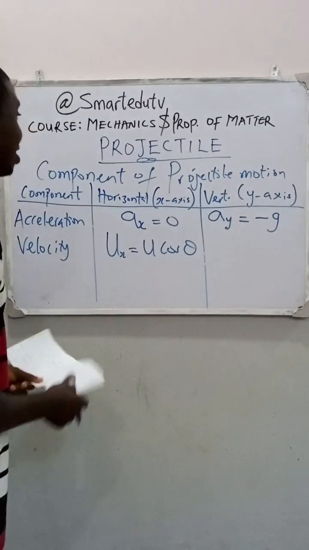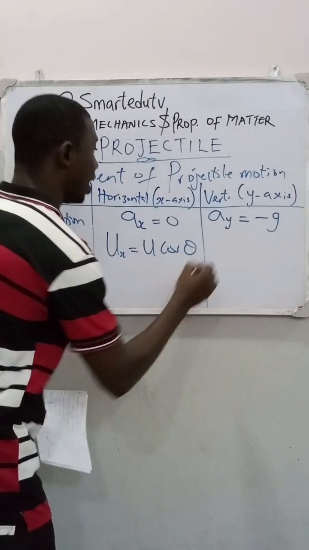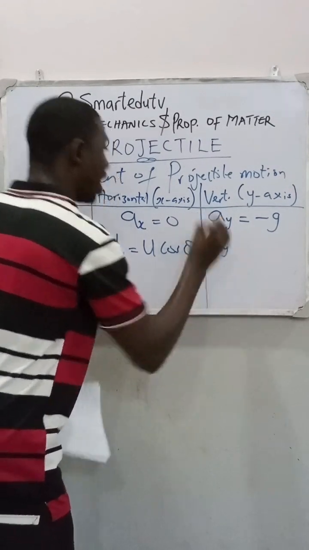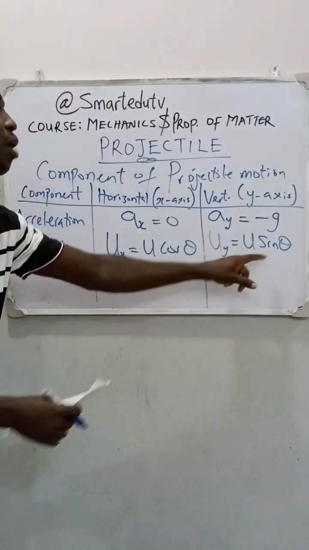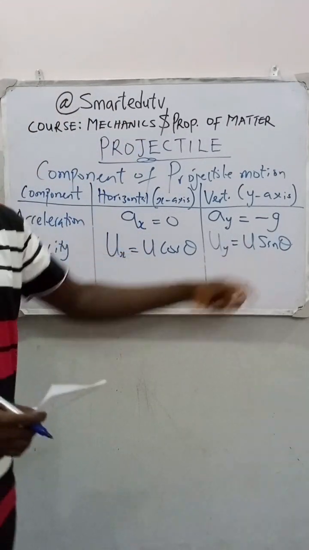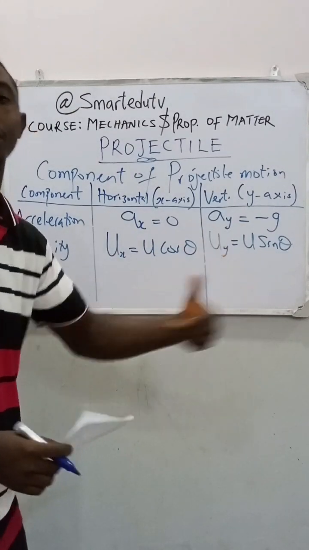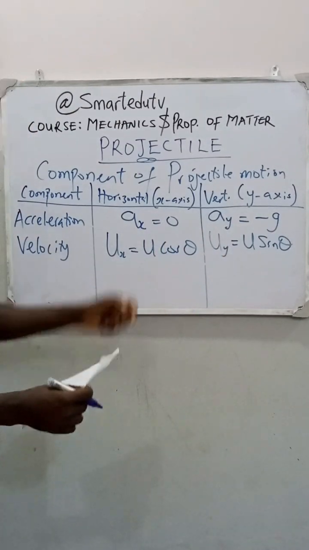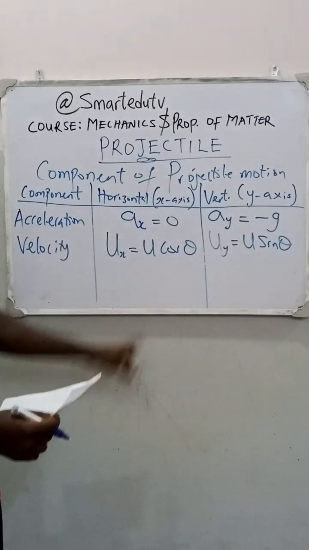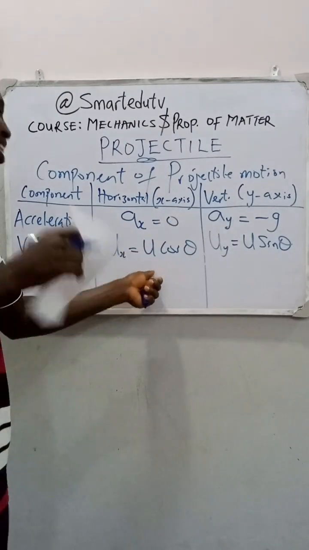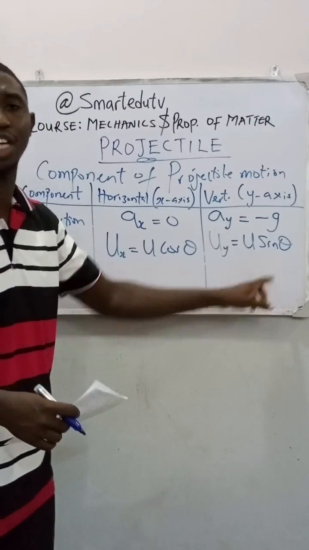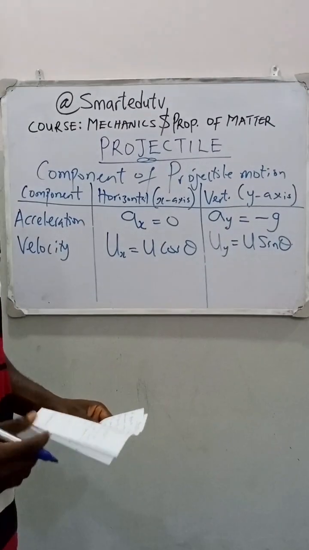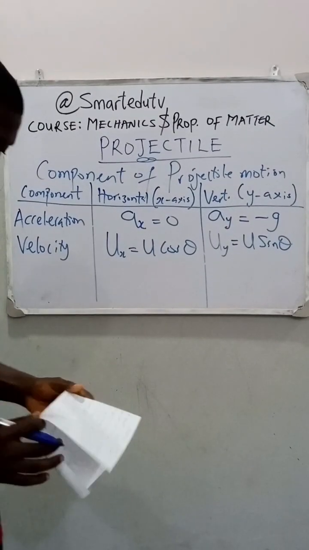Along the y component, I'm going to have u along the y-axis equals U sine theta. These are standard from the idea of resolution of forces. So to resolve anything along the x-axis, I should have that thing cos theta. If I want to resolve anything along the y-axis, I should have that thing sine theta. Please let's take note of this.